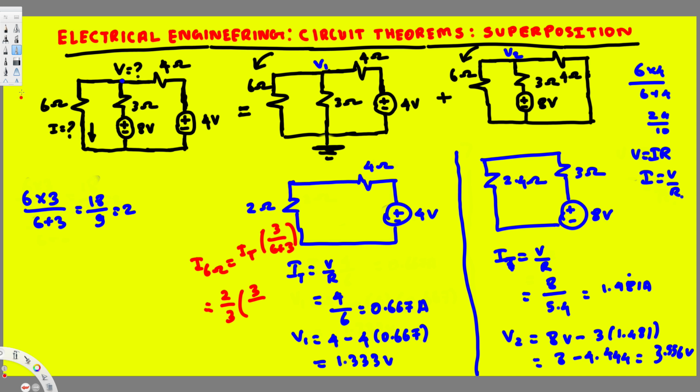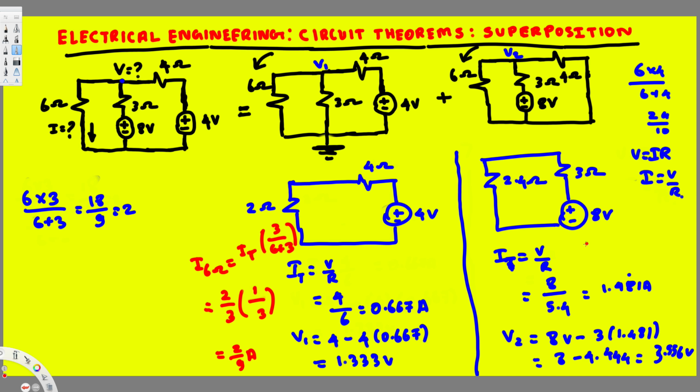So 3 over 9 is basically 1 over 3. So we can write this one as 1 over 3, and that's going to give us 2 over 9 ampere. So we have found out the current going through 6 ohm for this circuit.